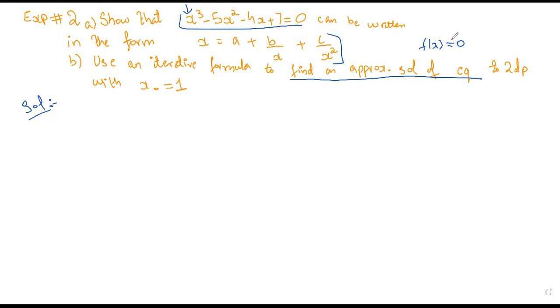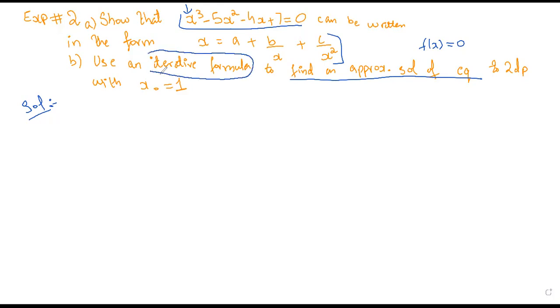Why? Because at that particular value, the value of the function is 0. So we know that we have to do something which we have been doing, but this is the game. You need to use an iterative formula.